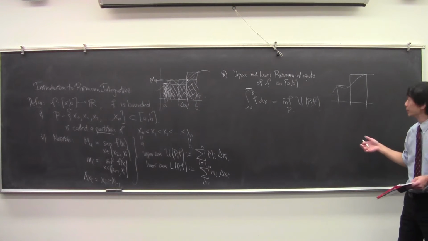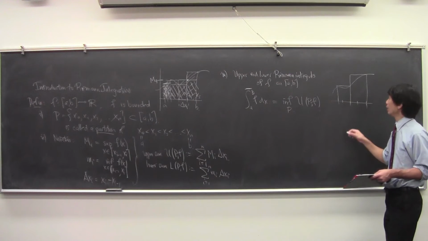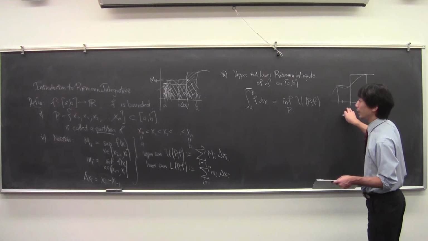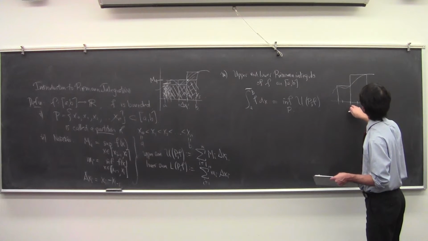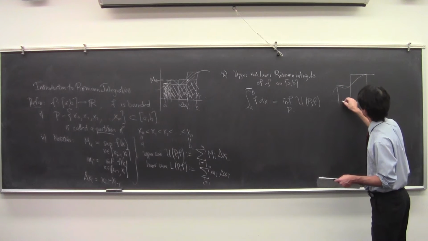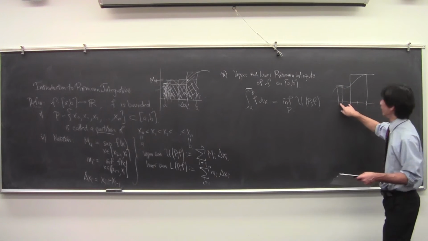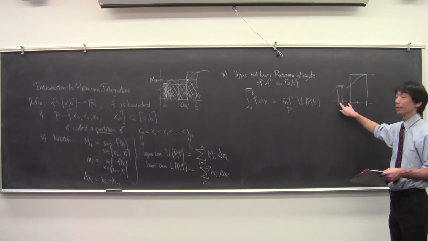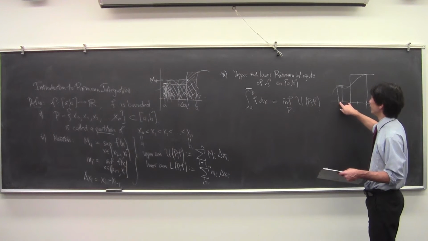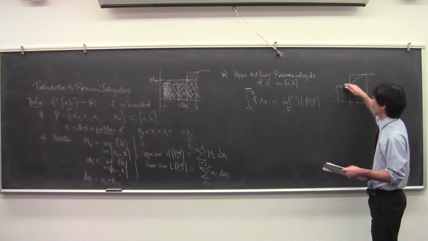Now, what happens if you refine that partition and you throw in some more points? Well, we're going to take the supremum over each interval. But that interval is smaller than the original interval, and so when we take the supremum, it's going to be less than or equal to the original supremum.